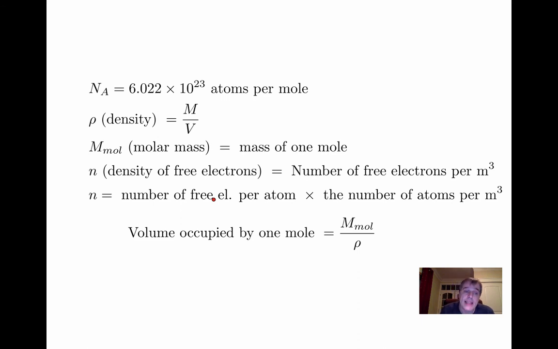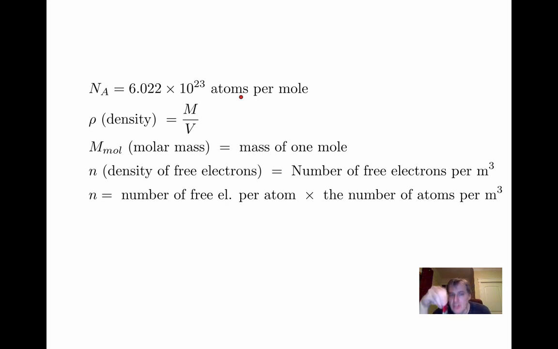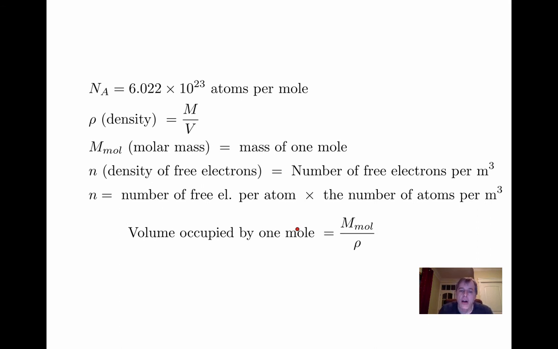Okay. Now these are the basic definitions here that we just saw. From these, you can calculate a lot of different things, but if you understand what each of those things means, then you can get other relationships. For example, let's say you want the volume occupied by 1 mole of a certain material, let's say copper. Given all the information given here, how do you find the volume occupied by 1 mole? Well, it's pretty clear.